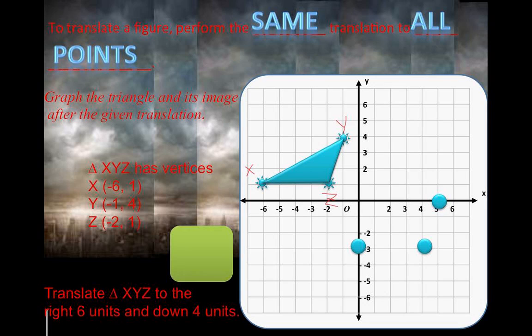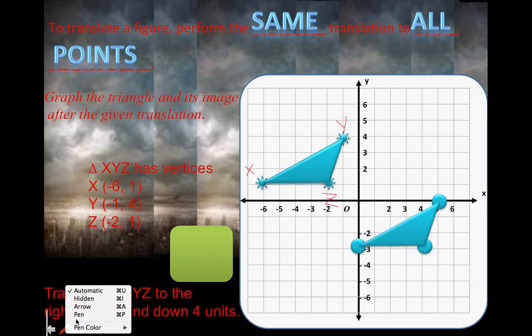Again, you're taking each one of those points, and essentially it's just taking the whole triangle and shifting it down and over. And definitely do not forget to label your X prime, your Y prime, and your Z prime. I'll give you some time here to copy that down.